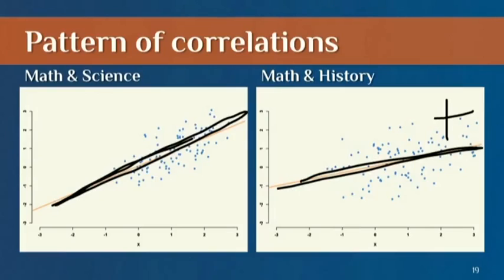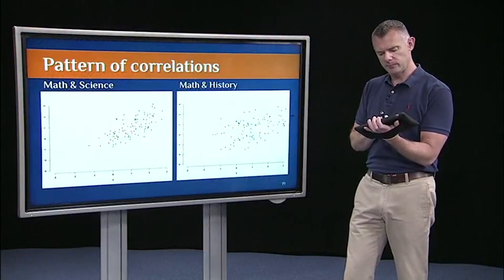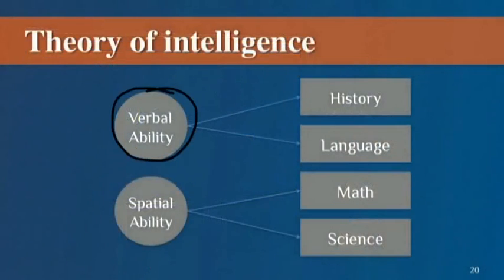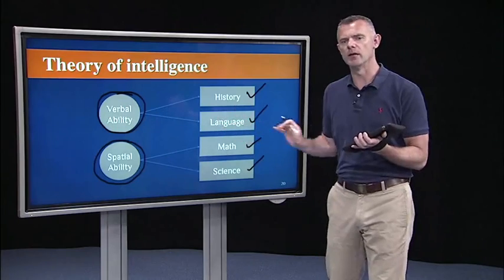The correlation between math and science scores tends to be higher than between math and history scores. So Thurstone argued that there are different types of intelligence, something like verbal ability and perhaps spatial or mathematical ability, and those are separable. Verbal ability is more important for history class and language class, and spatial or quantitative ability is more important in math class and science class. There's some support for that theory of intelligence.